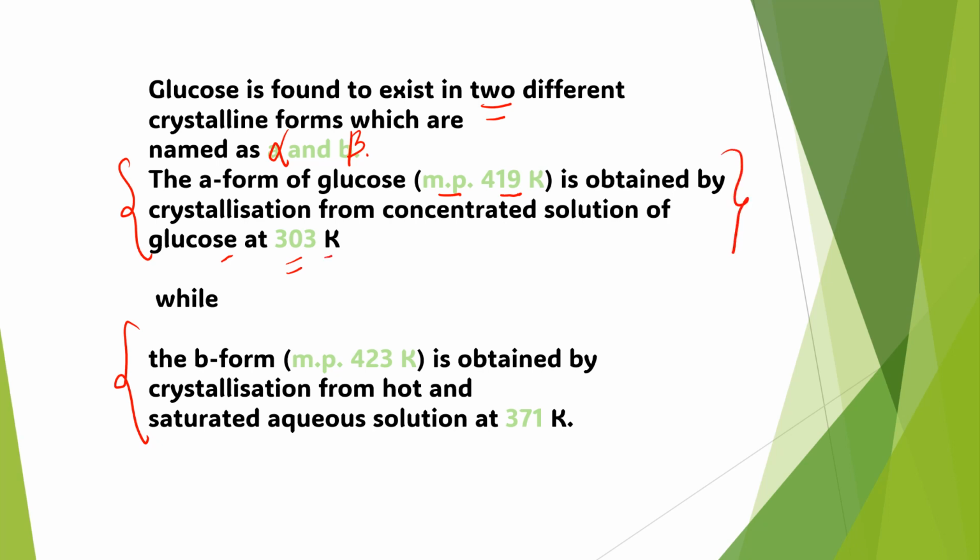This is about alpha glucose. While the beta form has a melting point of 423 Kelvin and is obtained by crystallization from hot and saturated aqueous solution at 371 Kelvin. So we have to remember these conditions, that glucose exists in two different crystalline forms which are alpha and beta.